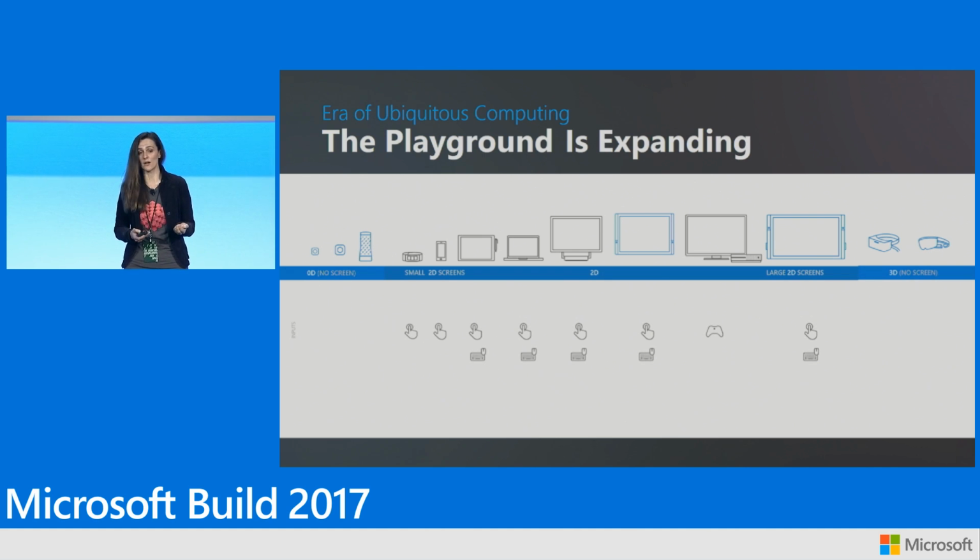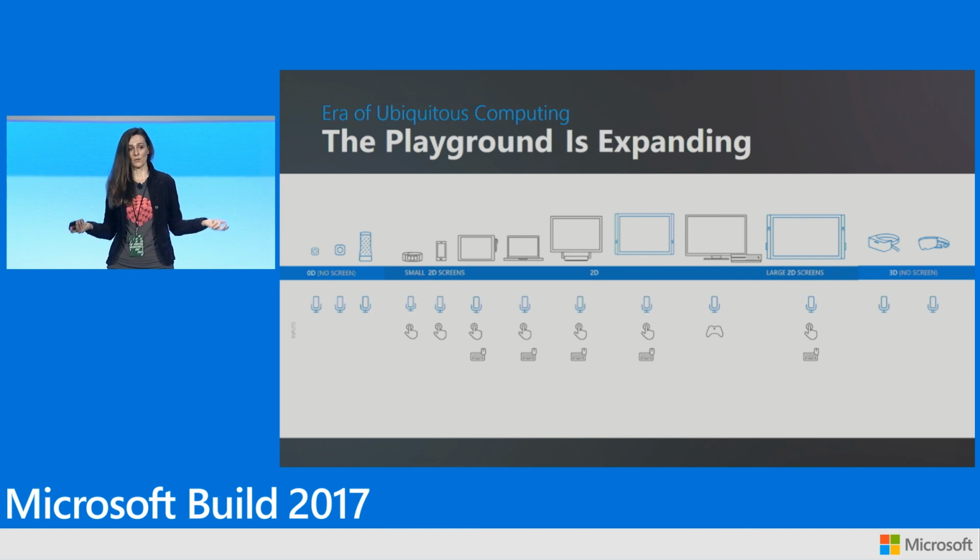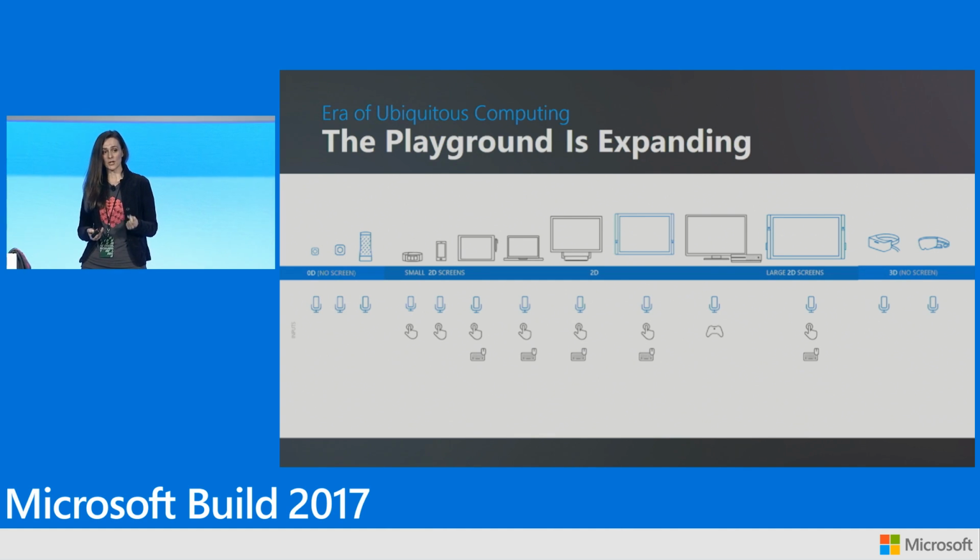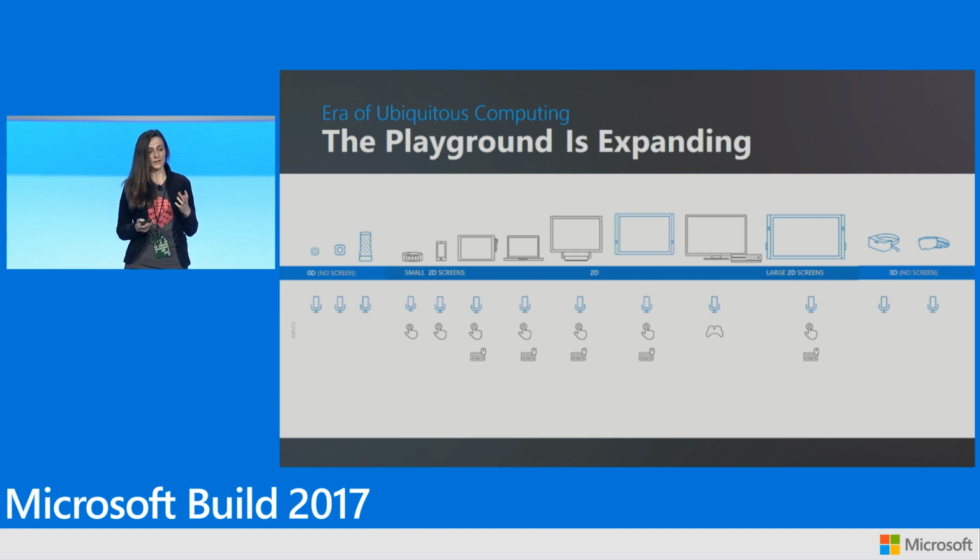Alongside these devices are also inputs that are important to pay attention to. Here are some of the familiar ones between mouse and keyboard and touch. But also now we're seeing proliferation of voice across the full spectrum. Voice is actually a unique type that can lend itself to 0D, 2D, and 3D. That's its strength. And in addition to voice, there's also a renaissance of the pen.